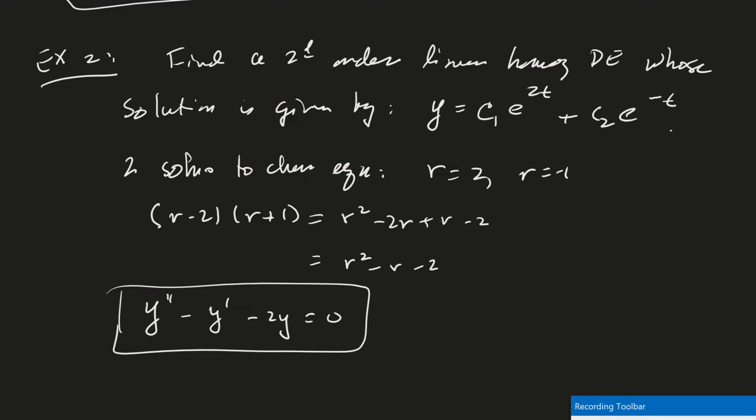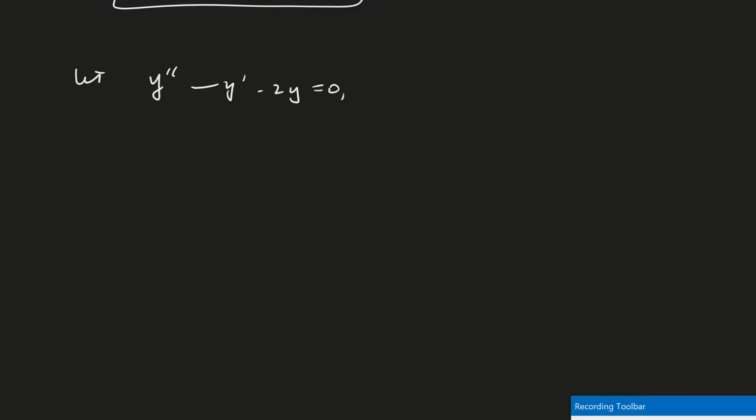Should we try one more? I think we have time for a short one here. So let y double prime minus y prime minus 2y equals 0. Oh gosh, I need to work on my penmanship here. y of 0 equals 2. y prime of 0, I think I drank too much coffee this morning, equals alpha.